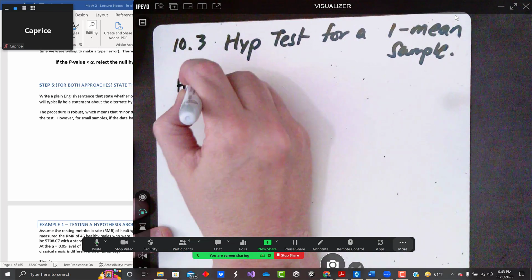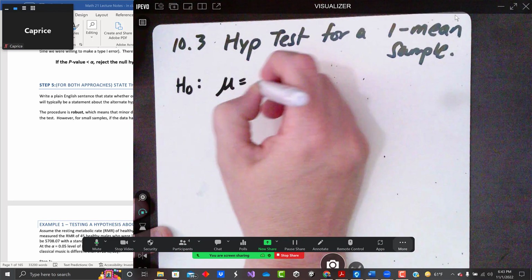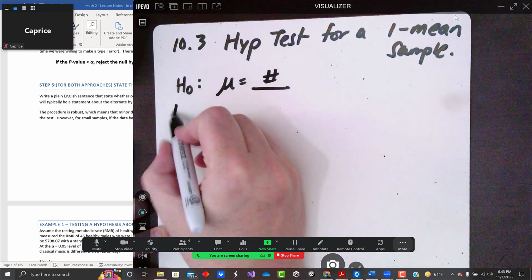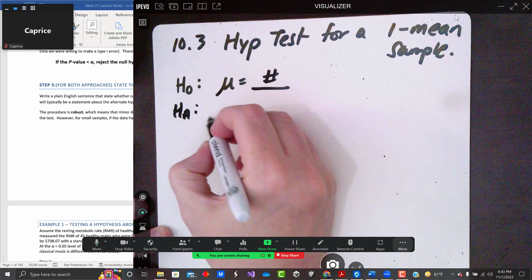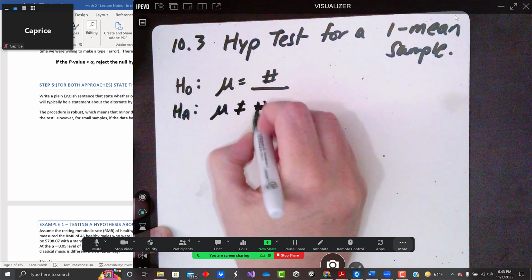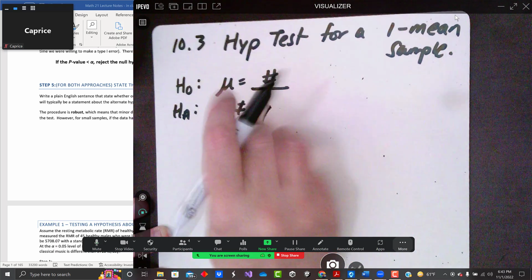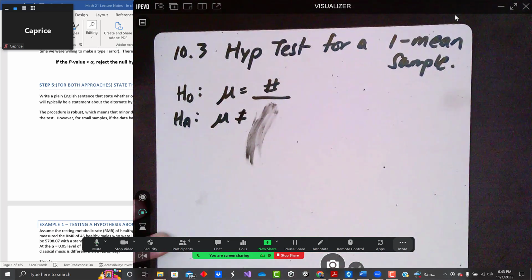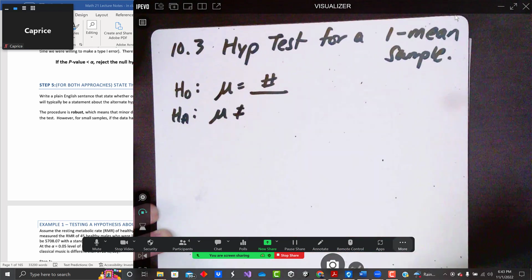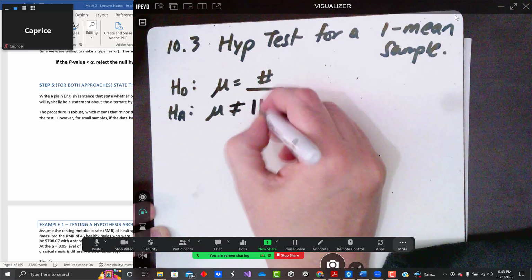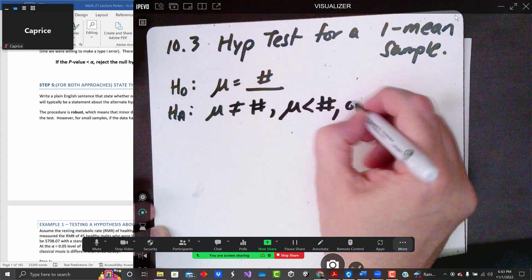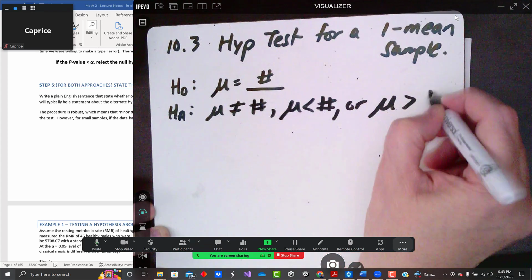H naught is going to be mu equals some specific value, a number. And HA will be mu does not equal that number, mu is less than that number, or mu is greater than that number.